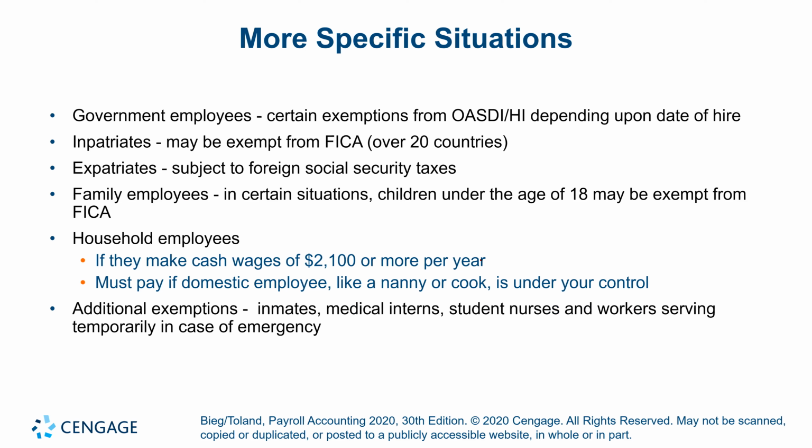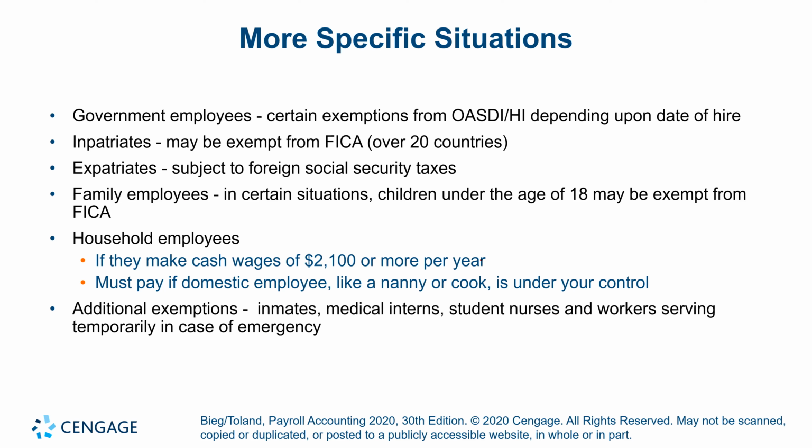And again, it talks about this on page 3, page 4 of chapter 3. Impatriates may be exempt from FICA, depending on the agreement that the United States has with their home country. Basically, they don't have to pay the taxes in both countries, essentially.